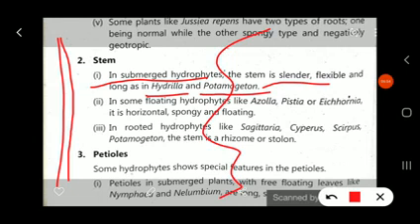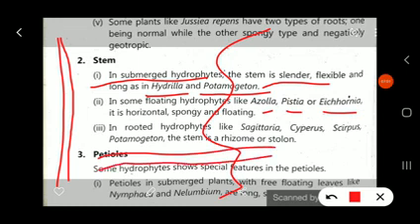In some floating hydrophytes like Azolla, Pistia and Eichhornia, the stem is horizontal, spongy and floating. This type of stem is found in Eichhornia, Pistia and Azolla.